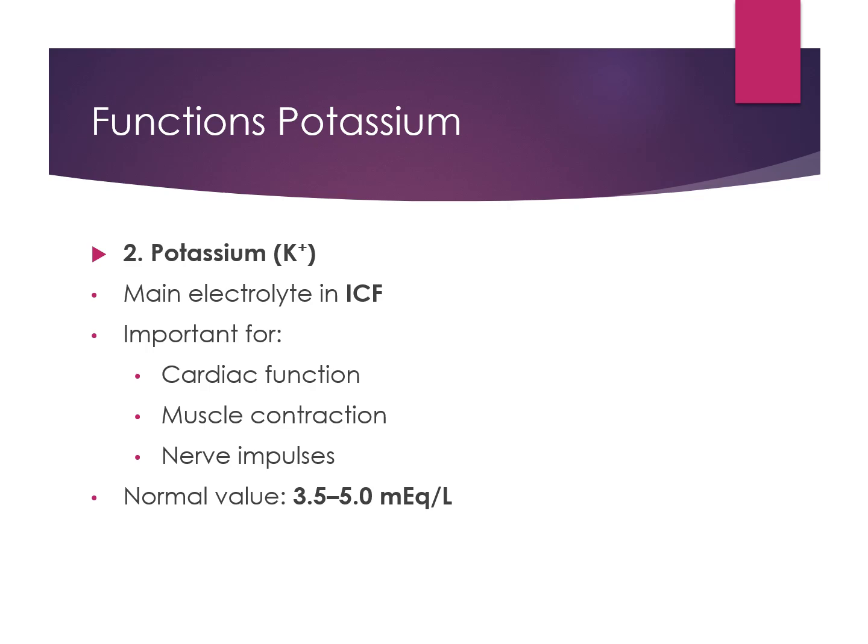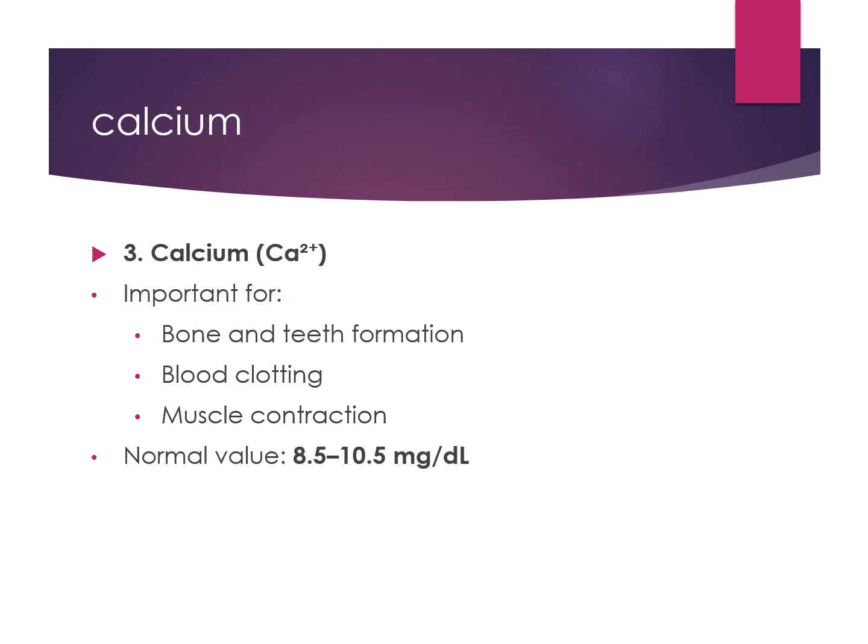Importance of potassium: cardiac function, muscle contraction, and nerve impulses, with a normal range of 3.5 to 5.0 milliequivalents per liter. And third, we have calcium, which is also a cation. Calcium is important for bone and teeth formation, blood clotting, and muscle contraction, with a normal range of 8.5 to 10.5 milligrams per deciliter.